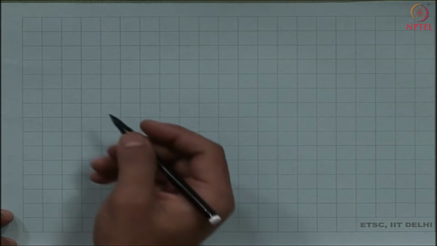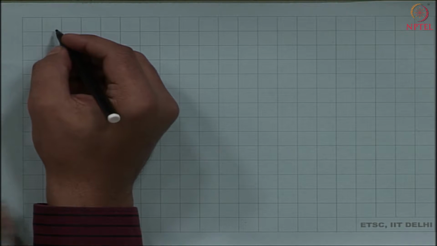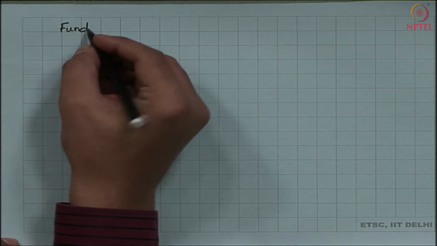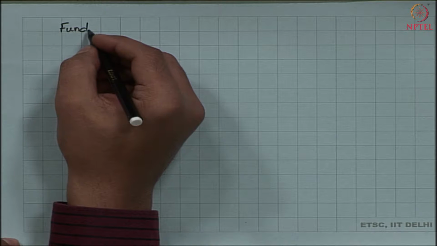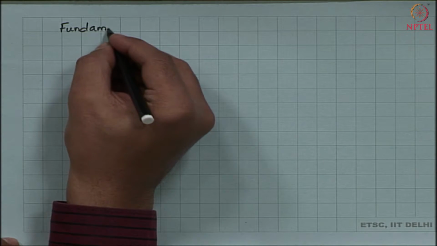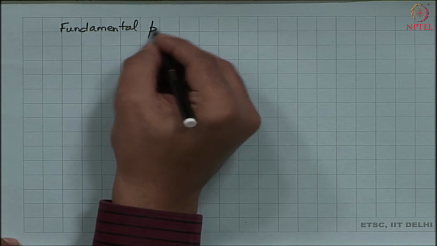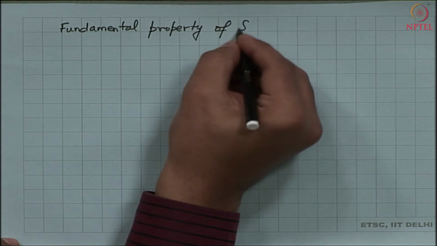So, let us now reintroduce my idea of delta function, because we are going to describe my continuous function using a discrete sum of delta functions. Let me start by outlining some fundamental properties of the delta function.